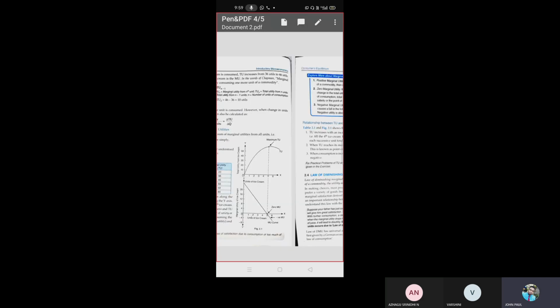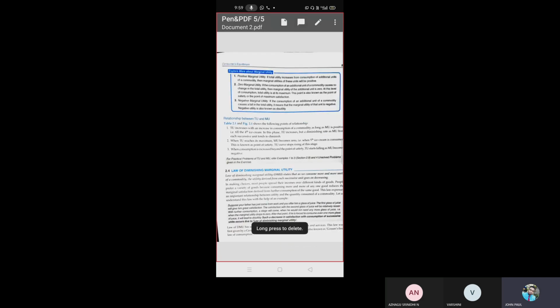Slopes downward in the sense that you can see the graph goes into the negative axis, right? Yes or no? So the marginal utility goes into the negative axis. But for total utility, there are two factors we need to consider.